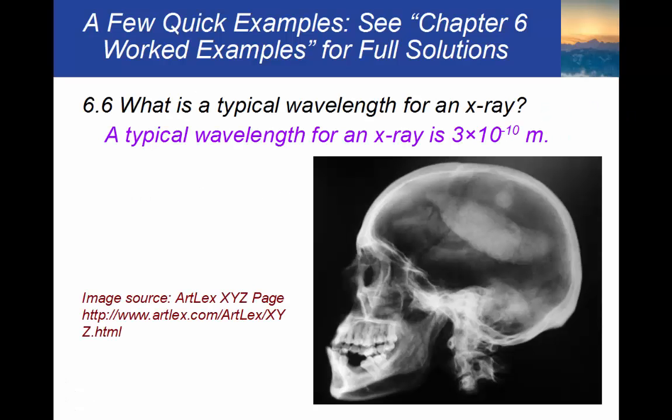As a double check, you know that an X-ray is much, much shorter than the visible light. And for visible light, your textbook actually gives a range from about 400 nanometers to about 700 nanometers. So this is about 3 orders of magnitude shorter than that.